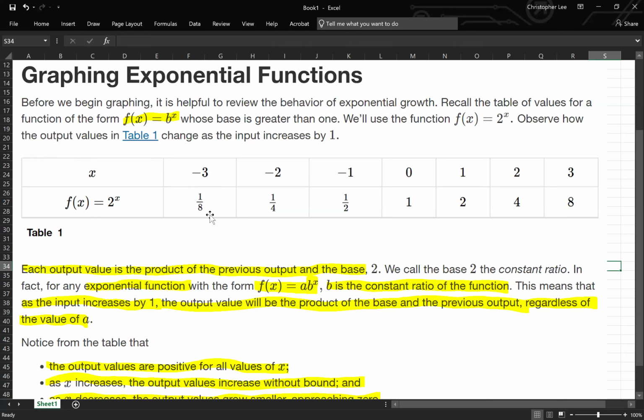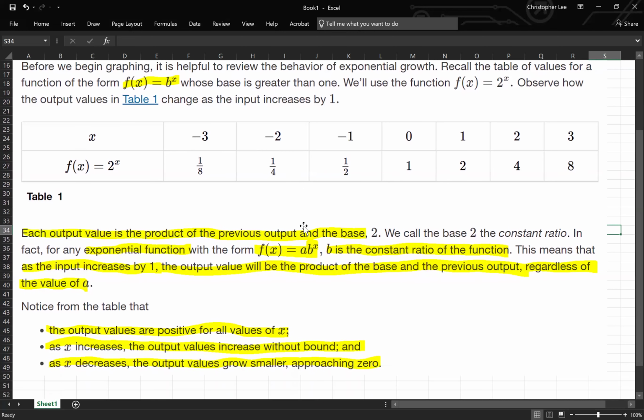And here's my output. For -3, I have 1 over 8. -2, I have 1 over 4. -1, 1/2, so on and so forth. Just plug in the value for x. That's it. So each output value is the product of the previous output and the base 2.